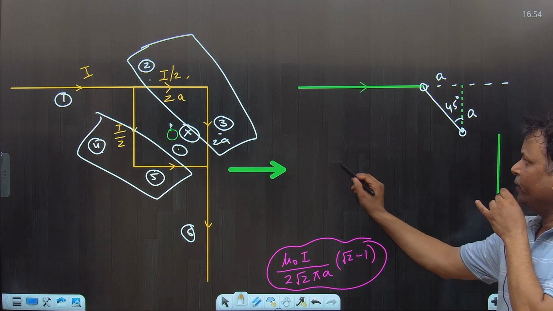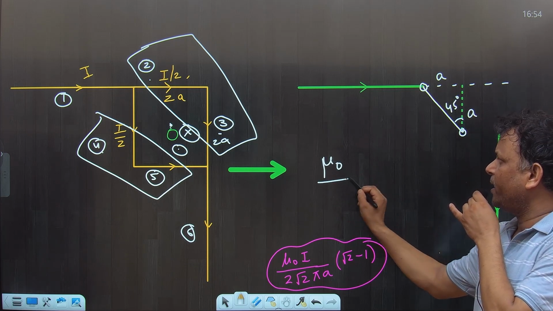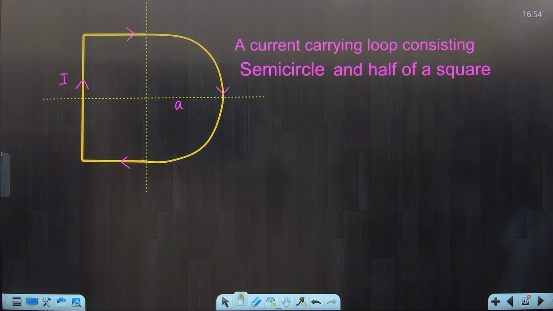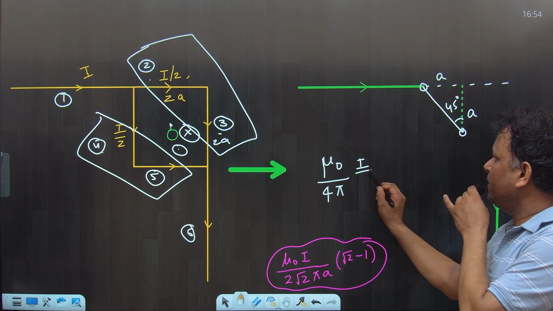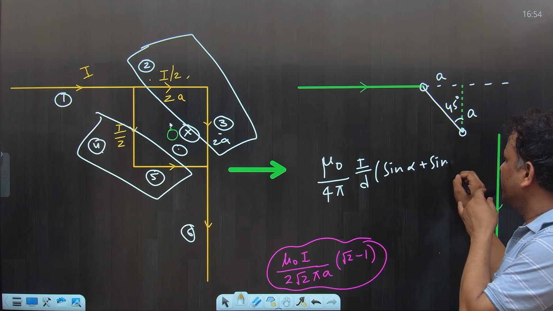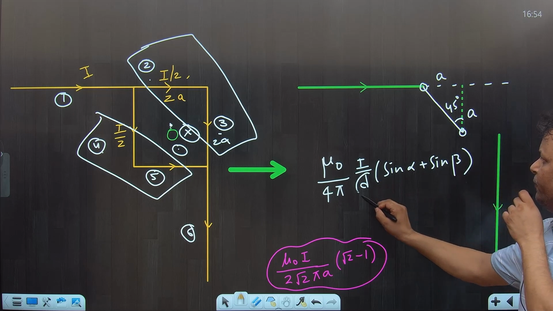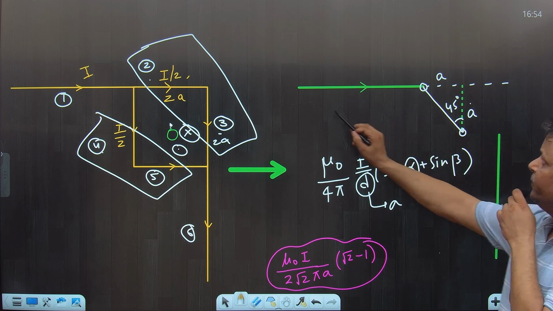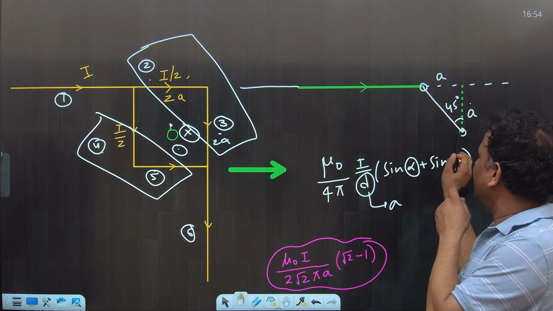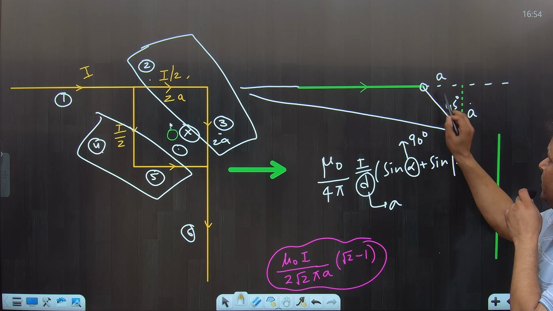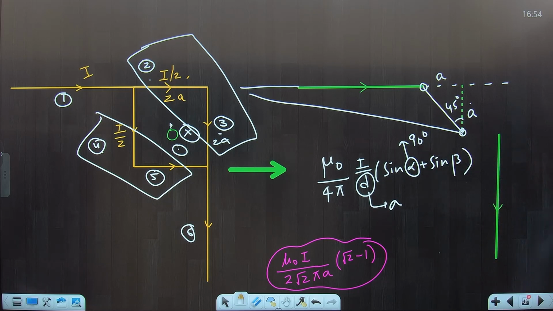Now you will write the formula mu naught by 4 pi, I by D, into sine alpha plus sine beta, right? In this formula D will be A, and alpha is, this end is coming from infinity, so alpha is 90 degrees. And what should beta be here?